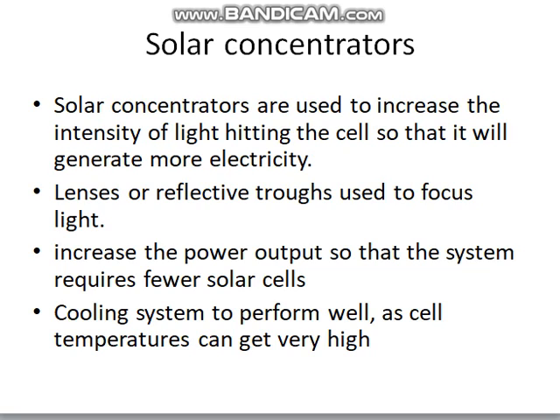So the irradiance coming to the solar panel will increase. Normally we use lenses or reflective glasses to focus the light. So it increases the power output by increasing the short circuit current.